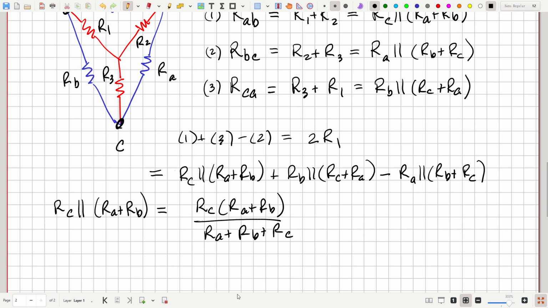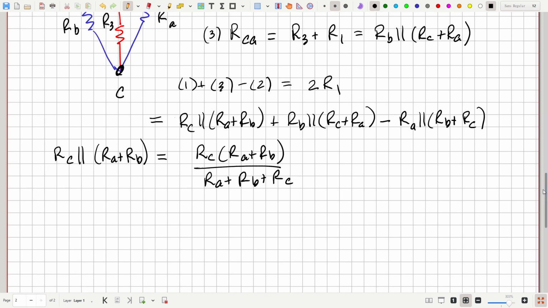Now, from what we just did there, we can see that for these three terms, we're always going to get the same denominator, RA plus RB plus RC. And so our 2R1 is going to be over a common denominator, and it's going to be over RA plus RB plus RC.